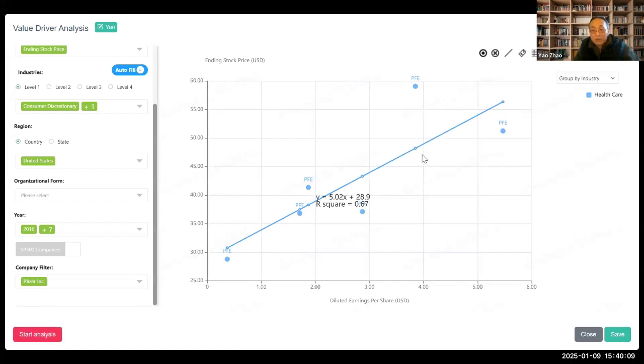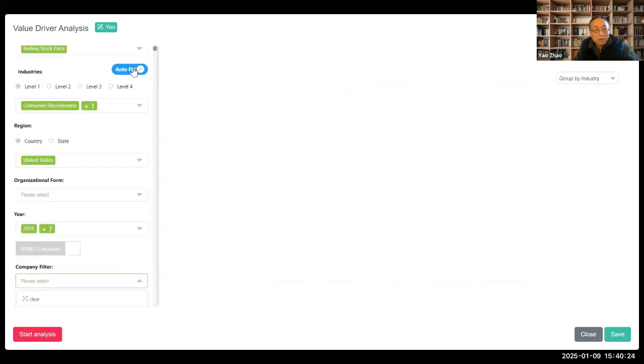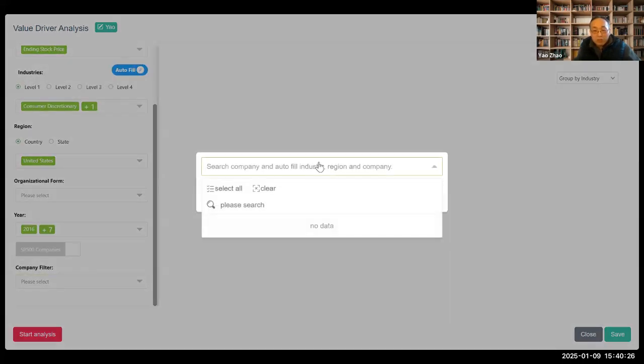So that's Pfizer, and you can see the stock price and earnings per share moving together. But not always. We can clearly find other examples which do not move together. Let's say Intel. I think Intel doesn't work together.